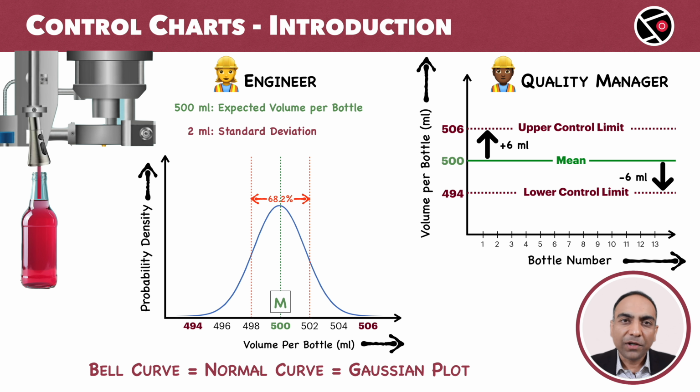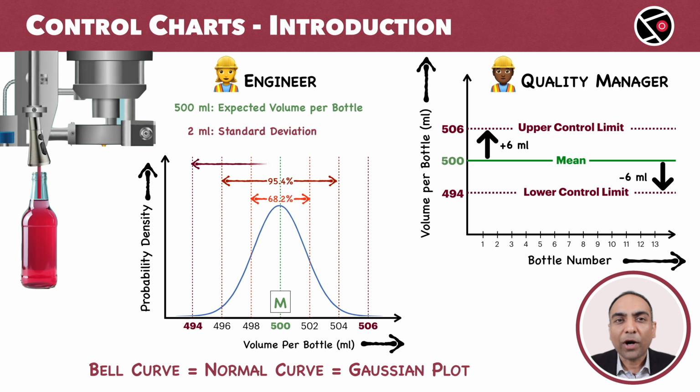Let me explain further using this probability distribution plot. We already know that the plus minus 1 sigma around the mean covers 68.2% of the possible outcomes. If we extend this to 2 sigma on both sides of the mean, the likelihood of falling in this range increases to 95.4%. But if we go to 3 sigma on both sides, the likelihood jumps up to 99.7%.